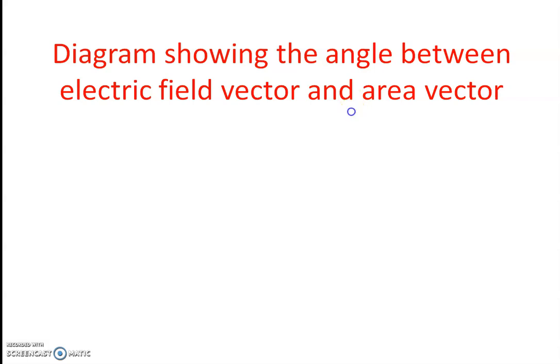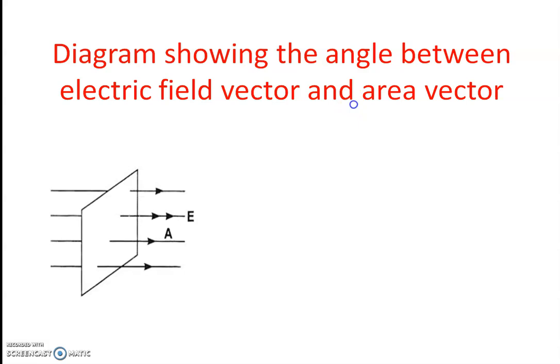In the first case, you can see that these electric field lines are parallel and equidistant, which shows that it is a uniform electric field. Here you can see an area, and the area vector is perpendicular to the area.